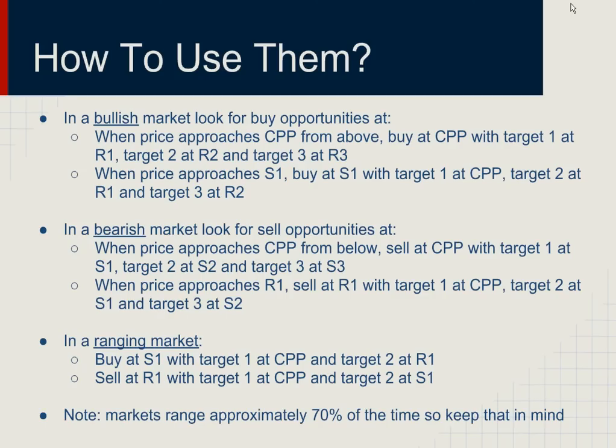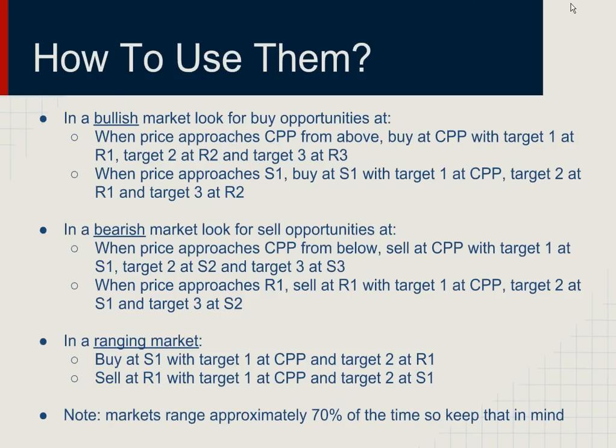Also, when price approaches S1, so when price drops down to support level 1, you would buy with the first target at the central pivot point, and then target 2 at resistance 1, and so on.